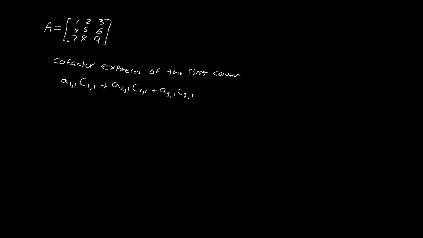Let's quickly walk through what this would look like. A11 is 1, times the cofactor of that, which is negative 1 raised to the 1 plus 1 times the determinant, which I'm going to write with square brackets, of 5, 6, 8, and 9.